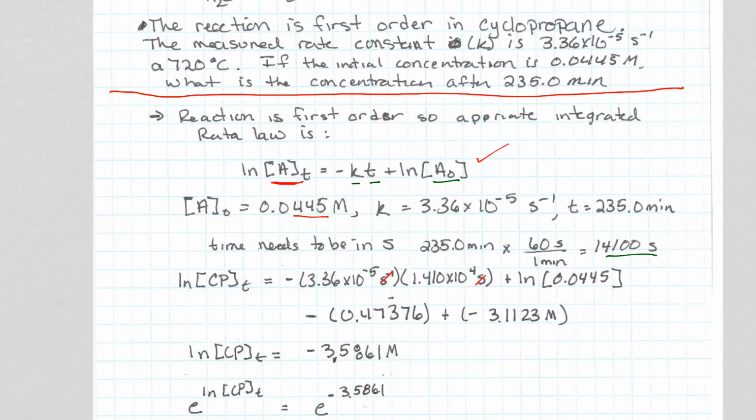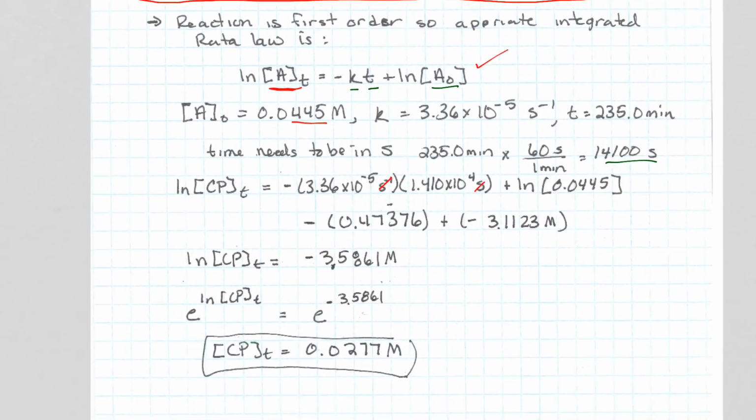So again, now we have to think a little bit mathematically. How do I figure out what's inside this natural log? I need this concentration. So we need to do what's called an anti-log or an inverse log. The inverse of a natural log is an exponential. So if I take the exponential of a natural log, they essentially cancel out, and I'm given back whatever I was taking the natural log of, in this case the concentration of cyclopropane.